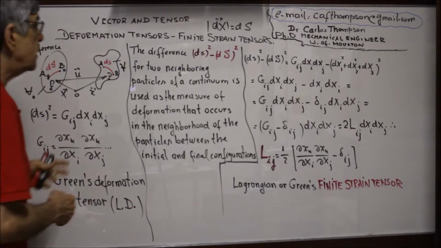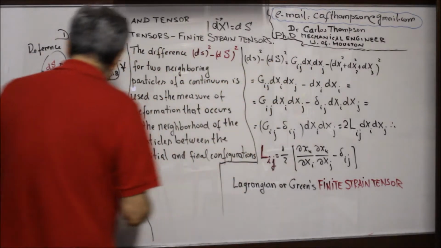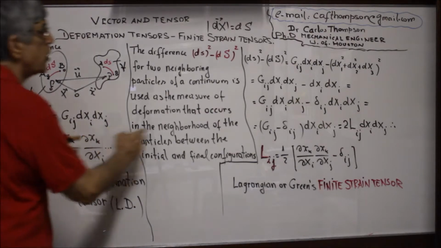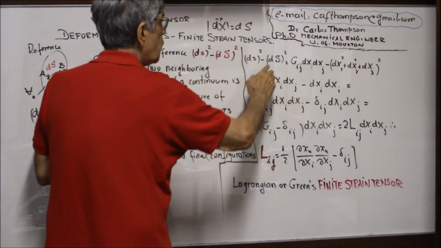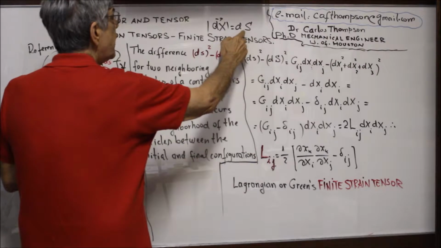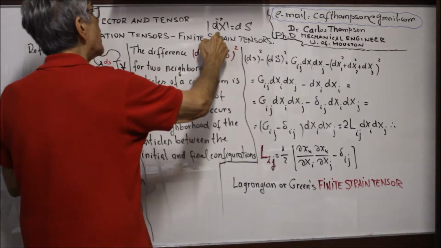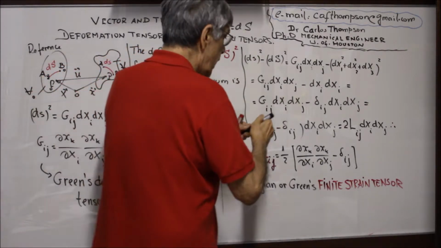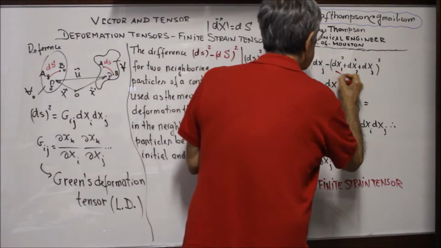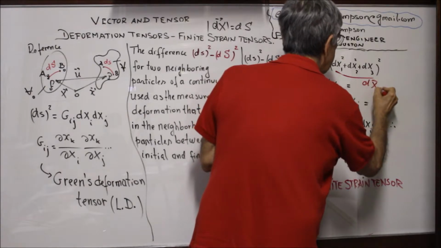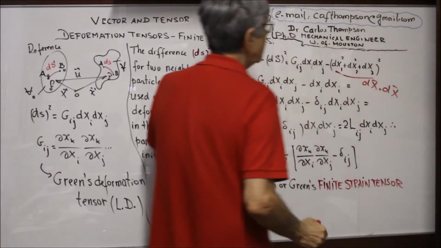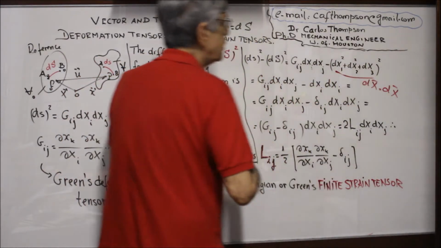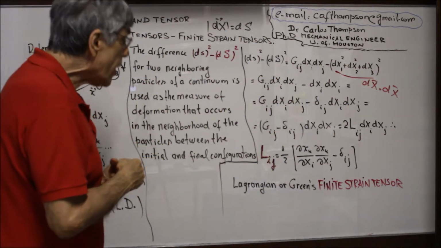Now I just substitute this gij dxi dxj, minus dS squared. dS is the magnitude of dX, so dS squared is dX dot dX, which is dX1 squared plus dX2 squared plus dX3 squared.